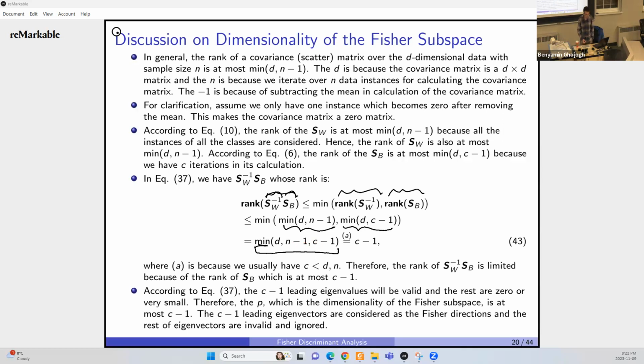Usually d is large, and the number of classes is less than the number of points and the dimensionality, right? As a result, the rank becomes C minus 1. What does it mean? It means that when you find the eigenvectors of SW inverse SB, only consider the C minus 1 eigenvectors with the largest eigenvalues. The rest are useless.